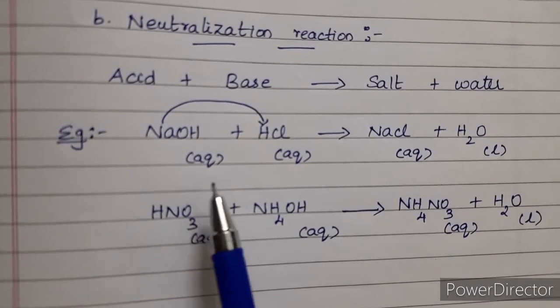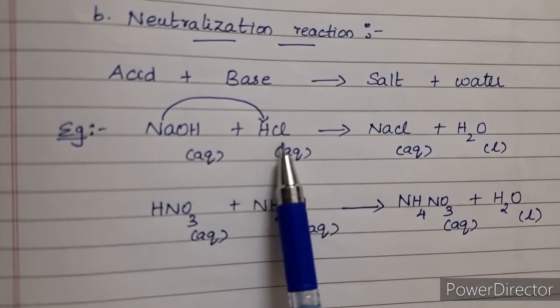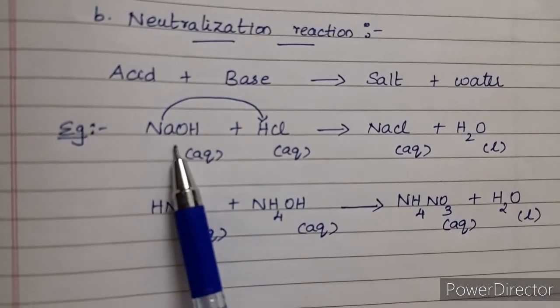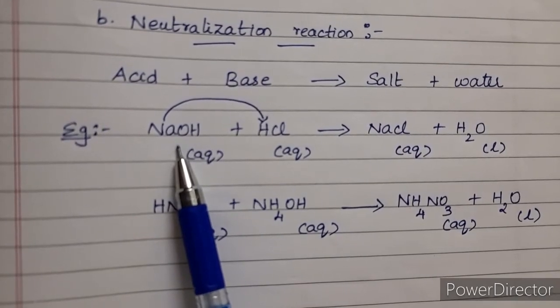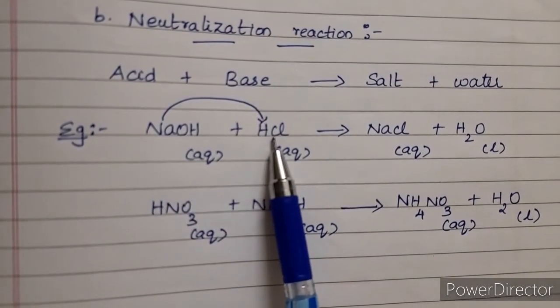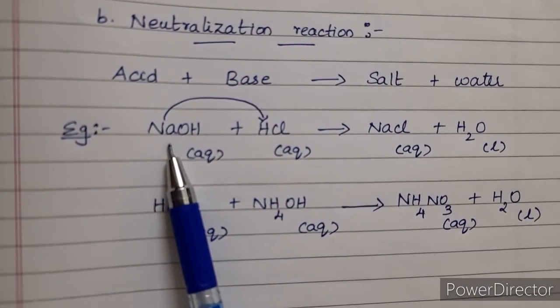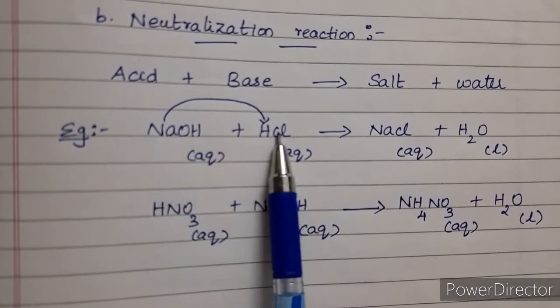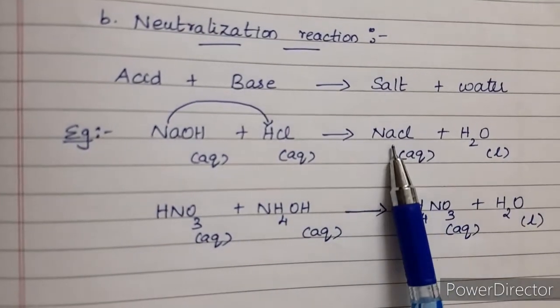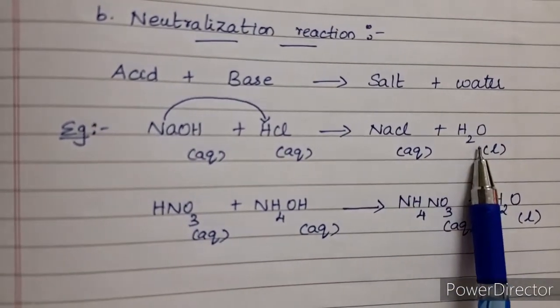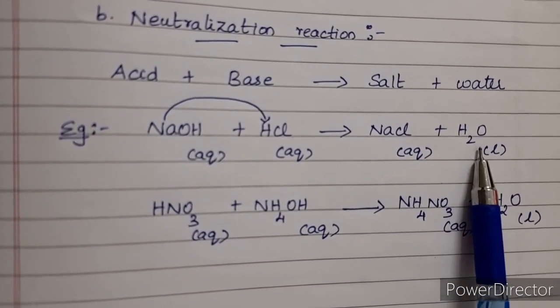Now let's see the example. Here you can see that hydrochloric acid combines with sodium hydroxide. This is the acid, hydrochloric acid, and this is the base, sodium hydroxide. These two neutralize with one another to form salt, that is sodium chloride, with water, right?